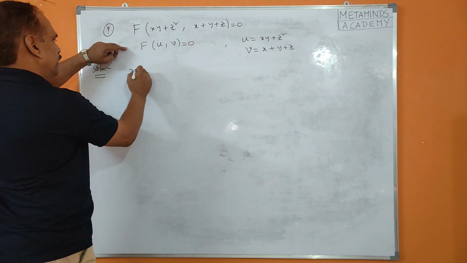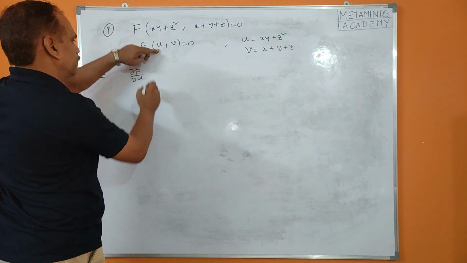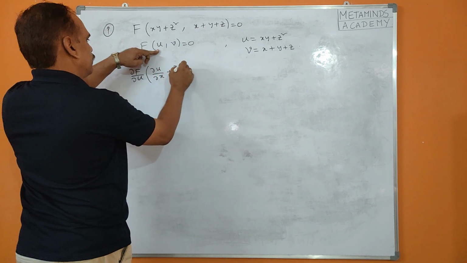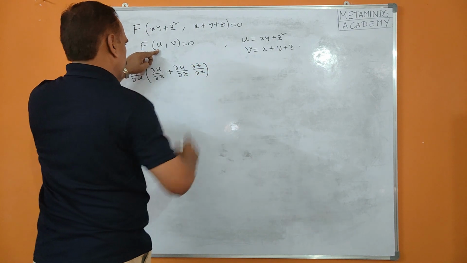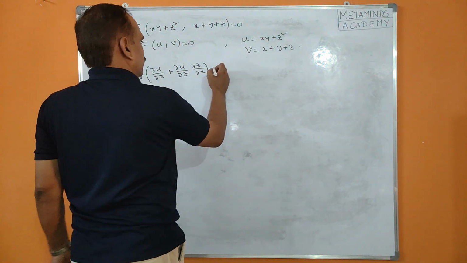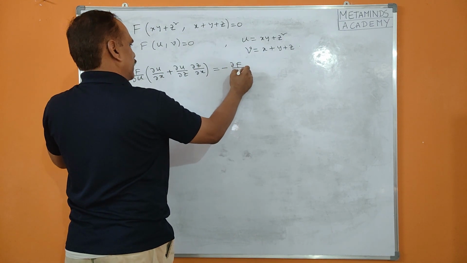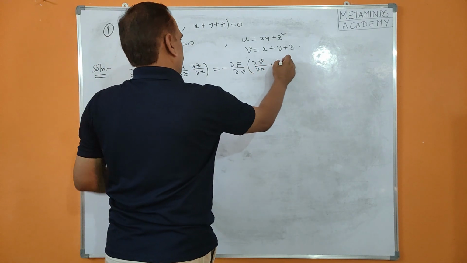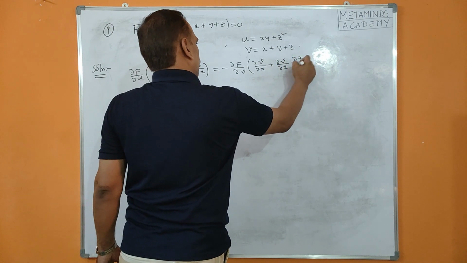What we will get? Dou f by dou u into dou u by dou x plus dou u by dou z into dou z by dou x. You remember the equations that we just wrote in the previous explanation, right? Equal to minus dou f by dou v into dou v by dou x plus dou v by dou z into dou z by dou x.